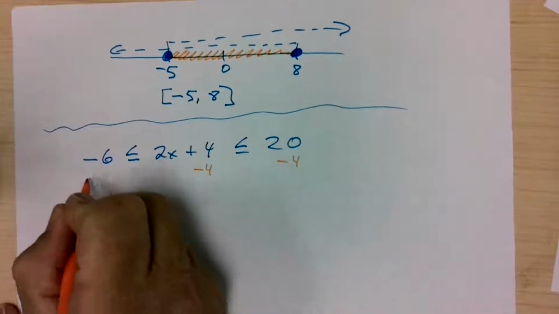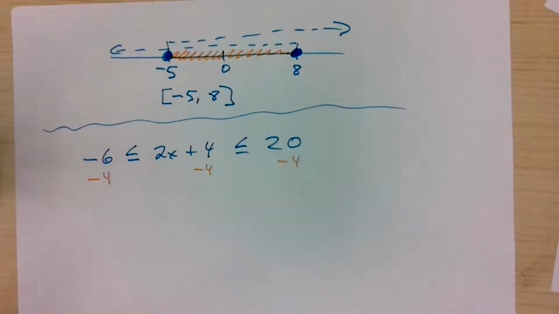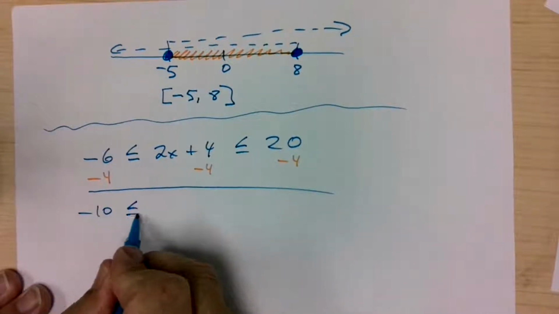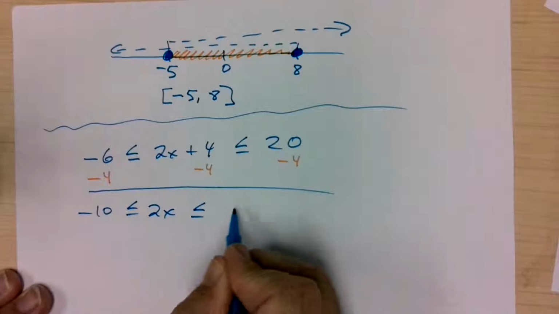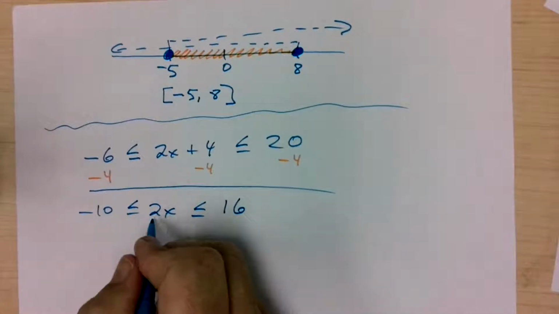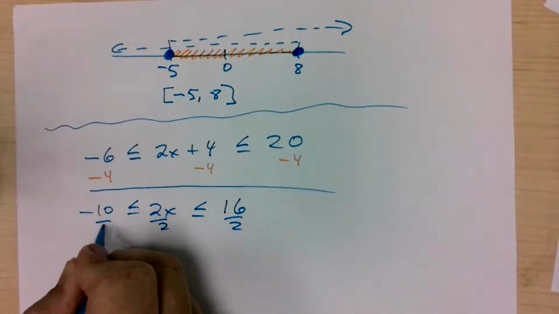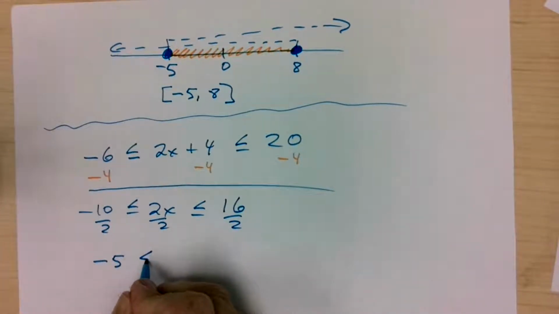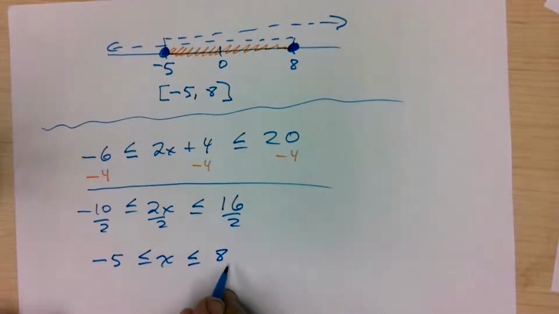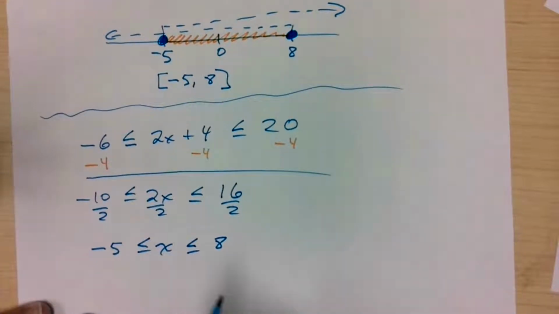Subtract 4, subtract 4, subtract 4. Then I get -10 less than or equal to 2x less than or equal to 16. Then we divide by 2, divide by 2, divide by 2. And you get your answer in no time at all. X is more than -5, less than 8. So that still gives us the same picture.